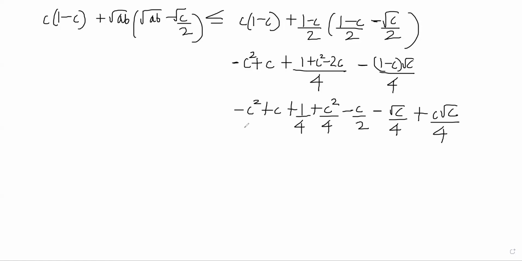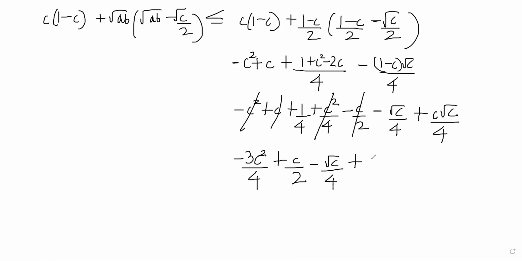So this came out to be minus 3c square by 4, this and this got cancelled, plus c by 2 plus c by 2 minus root c by 4 plus c root c by 4 plus 1 by 4, right? And I have to show that this quantity is less than 0.